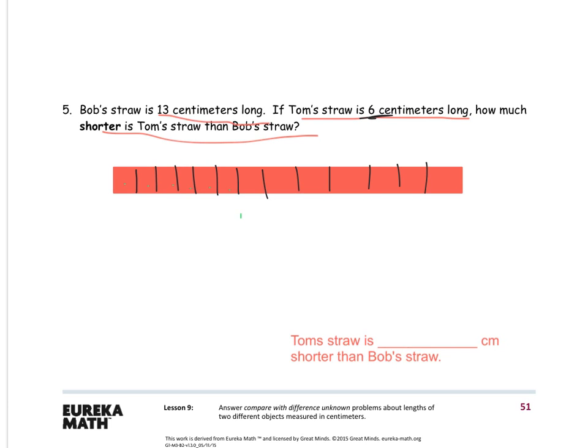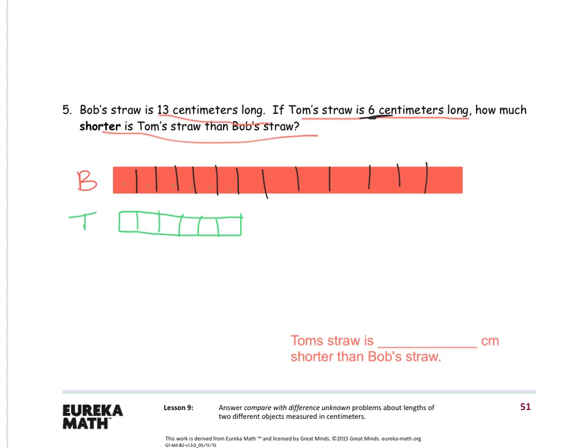Because I know that that's how far out Tom's is. So that's Tom. This is Bob. Now the question says, how much shorter is Tom's straw than Bob's straw?